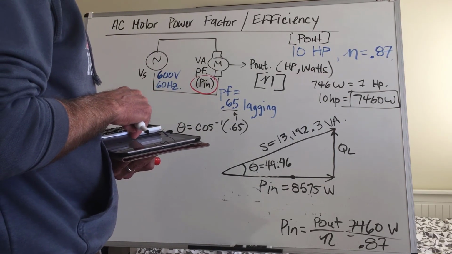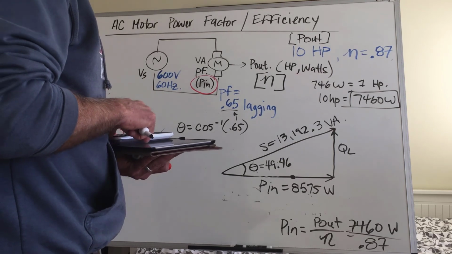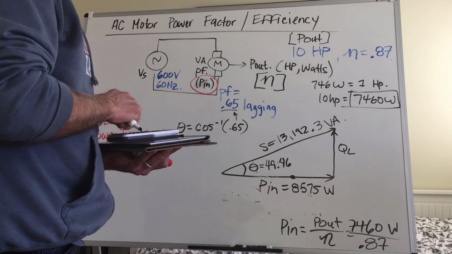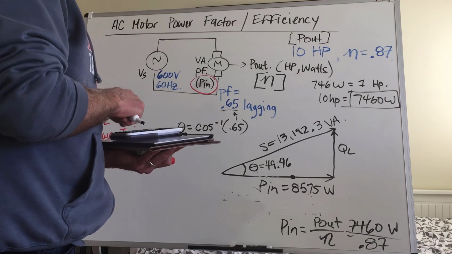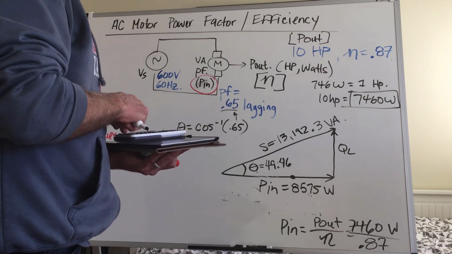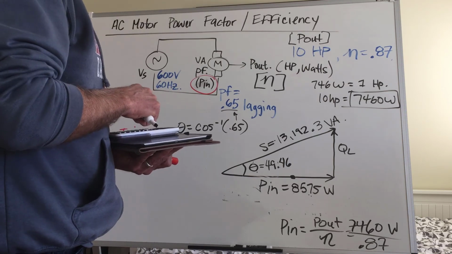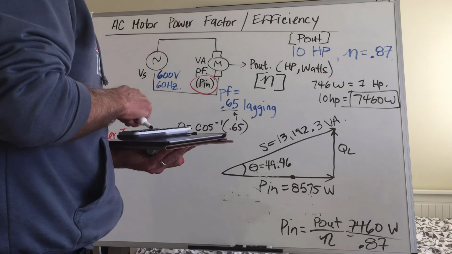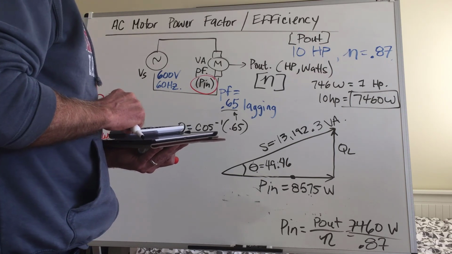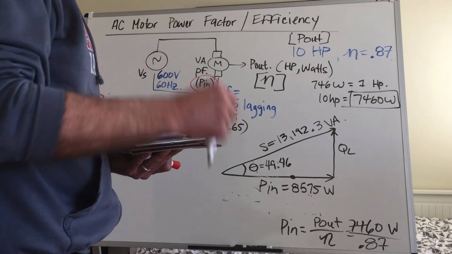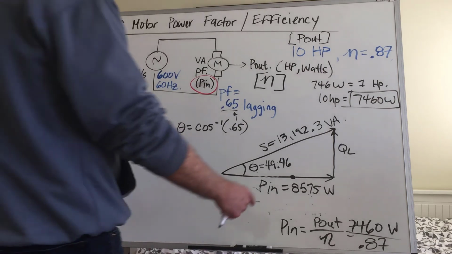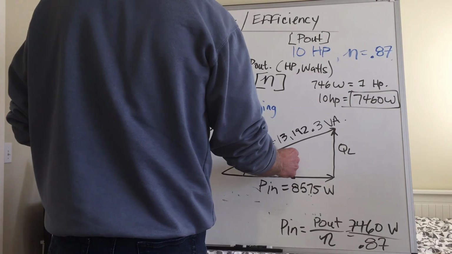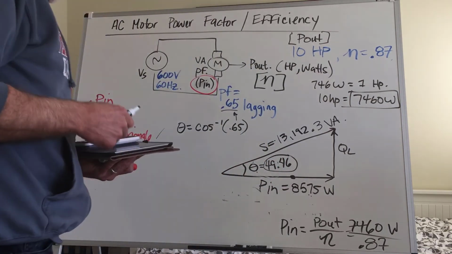So let's go with 49.46 to help out with that. So then we're going to go with 13,192.3 at angle 49.46. And that's better. 8575 is what we get now. So keep a couple of decimal places on your angle.